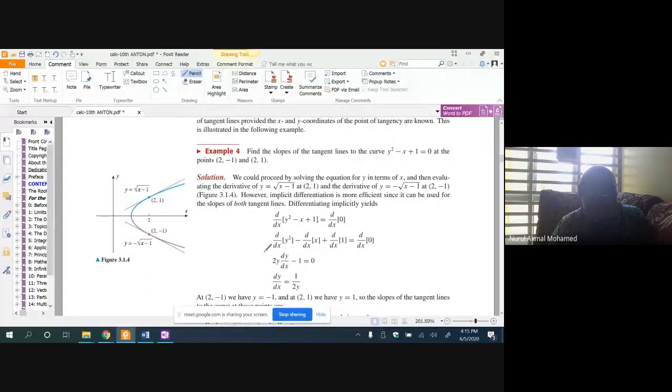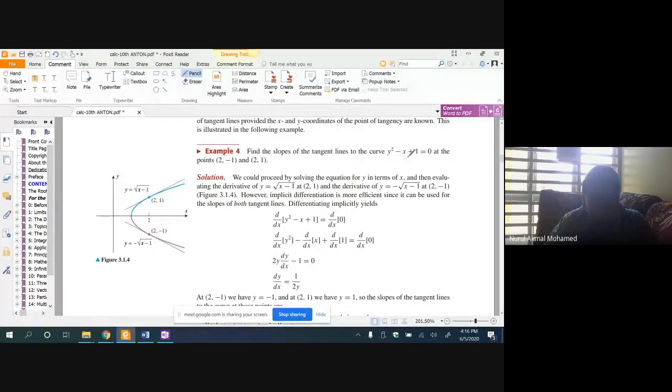Next, example 4. Find the slope of the tangent line to the curve at the points 2, -1 and 2, 1. Okay, the slope of the tangent line. When we say slope of the tangent line, it always deals with the derivative. So what is dy dx for this equation?